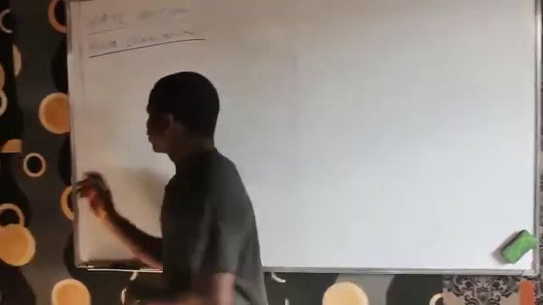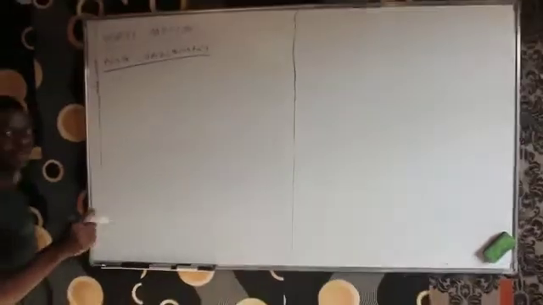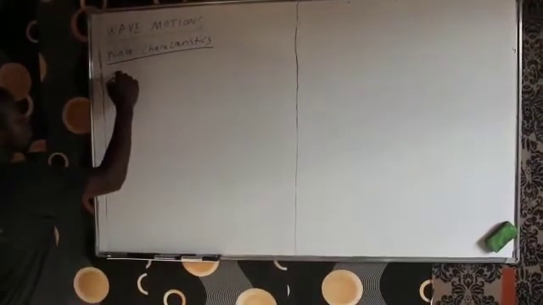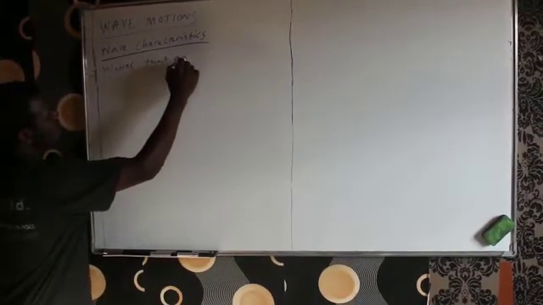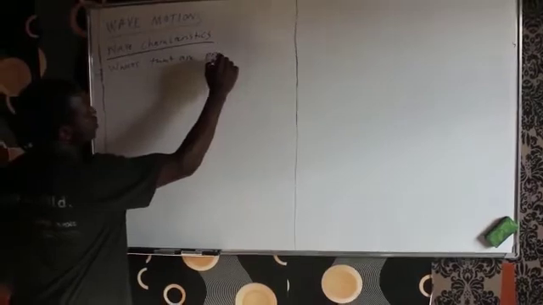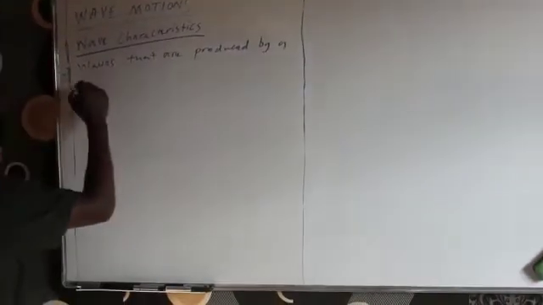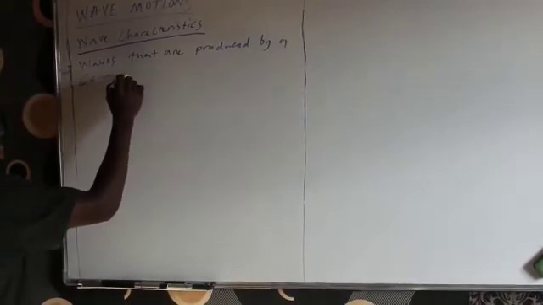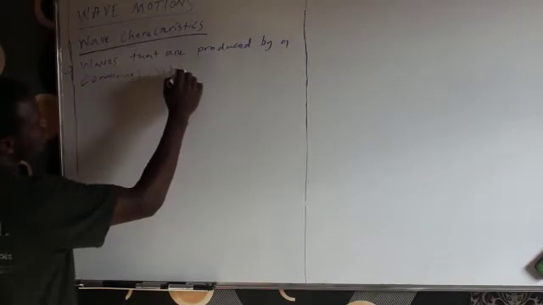So I've said waves that are produced by a continuous vibrating object are referred to as periodic waves.